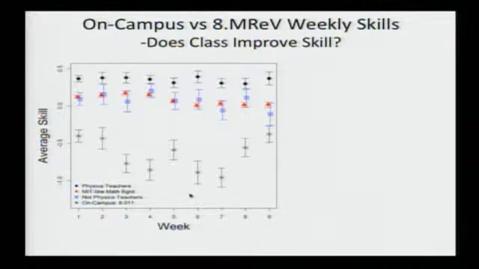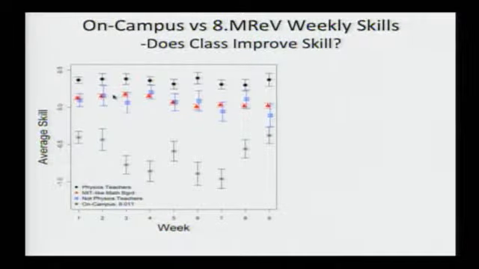Okay, so we can get the valid skill, and then here are the skills of several different cohorts. There is at the top here the physics teachers, then the people who had the MIT math-like background, and then the blue is not physics teachers, and these are our MIT students.